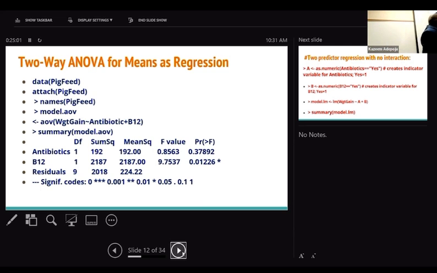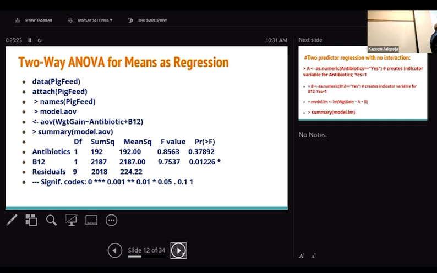Then you're going to attach. Now what am I doing? AOV. I'm doing analysis of variance. This is two-way. This plus that is more or less like two-way analysis of variance without interaction.